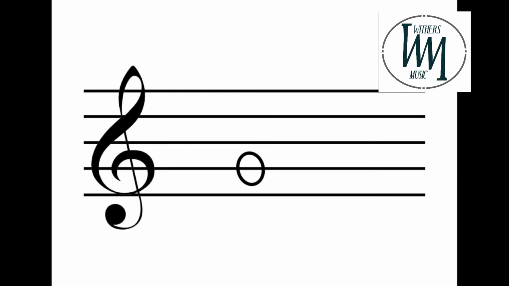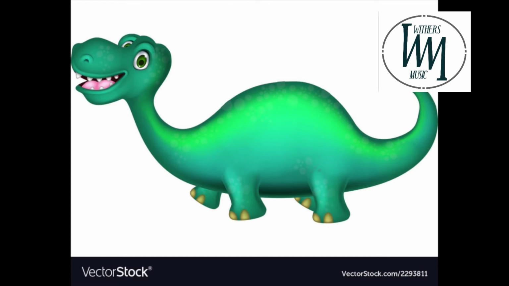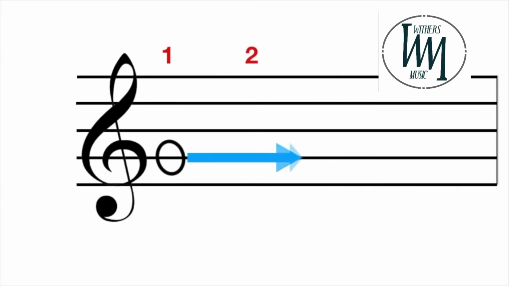So we need to show you something that will hold a sound for 4 beats. Why not? Let's use a brontosaurus. So this brontosaurus is going to wail for 4 beats. 1, 2, 3, 4. So you can see he held his note for 4 beats, and that's a semibreve.